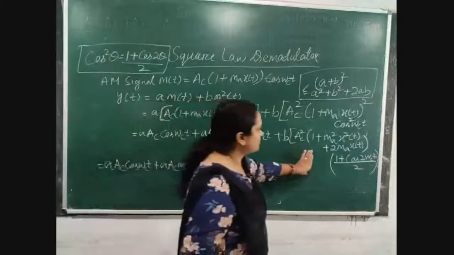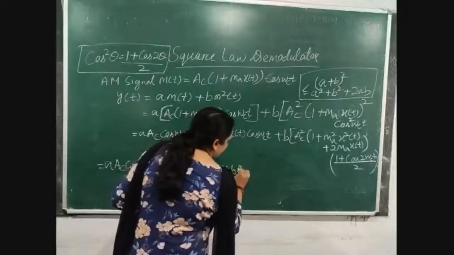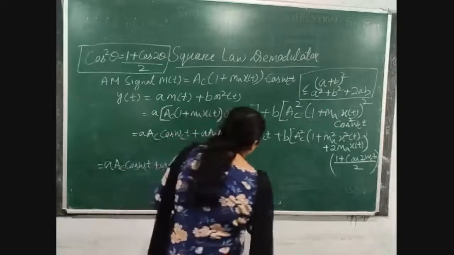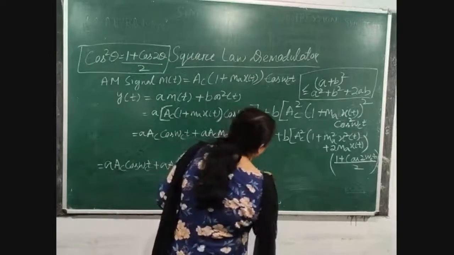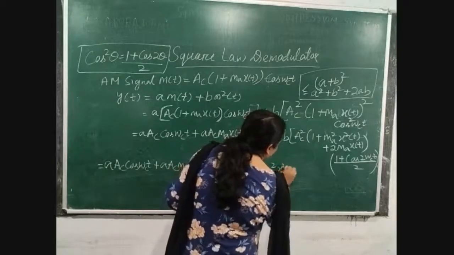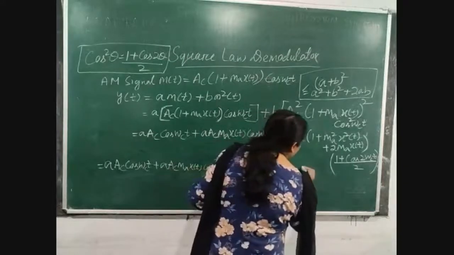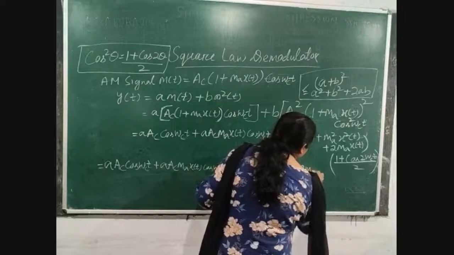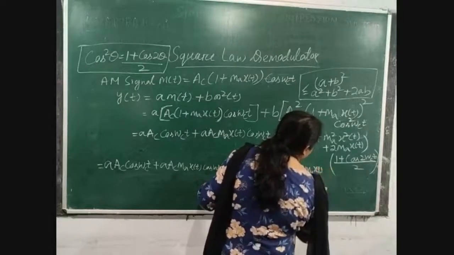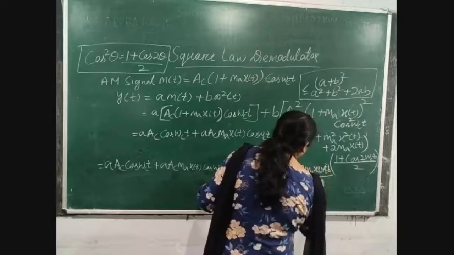Then we open up the whole term: b Ac square by 2 plus b ma square x square of t by 2 plus 2 ma x of t Ac square b by 2.